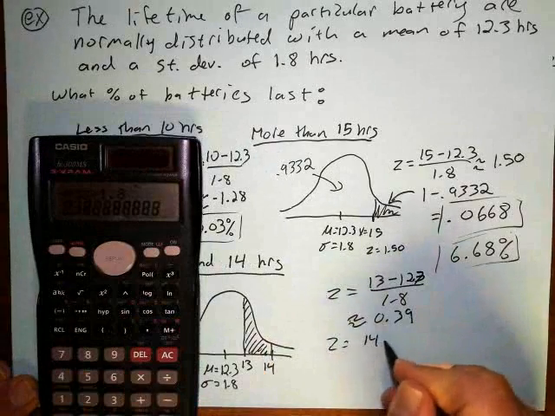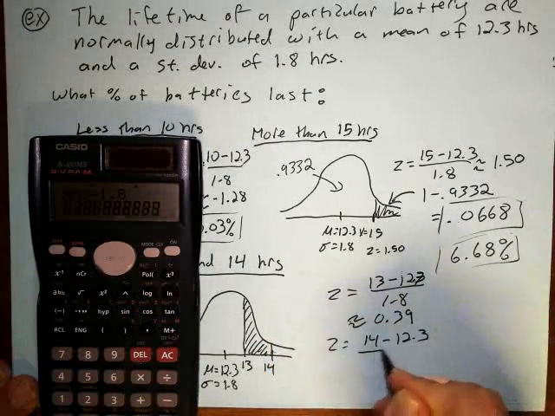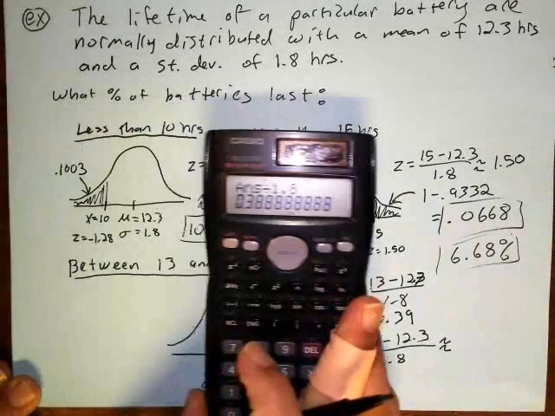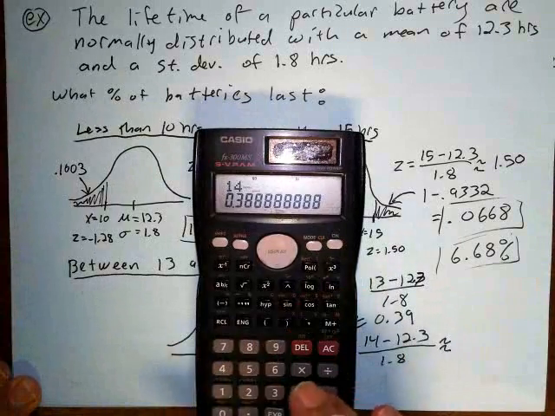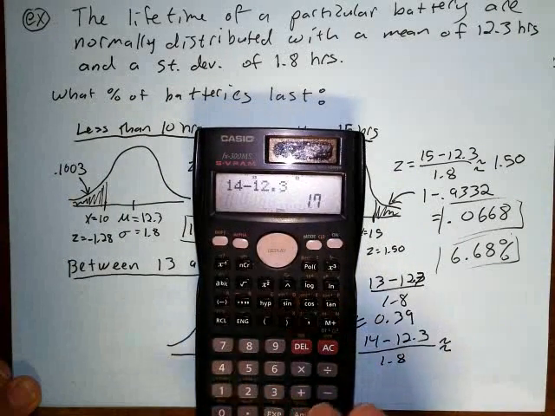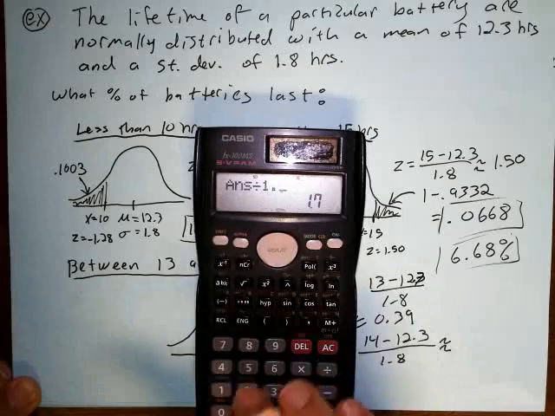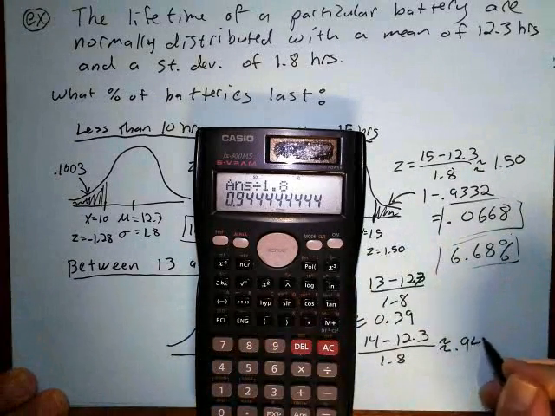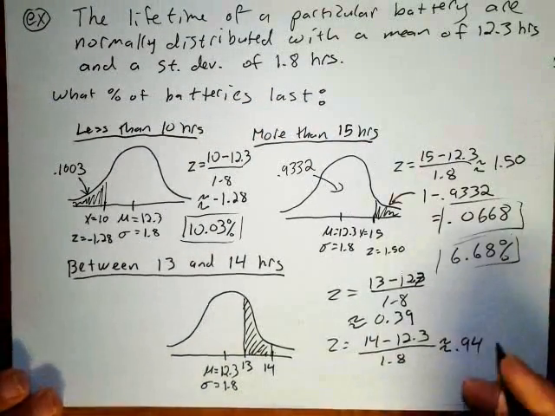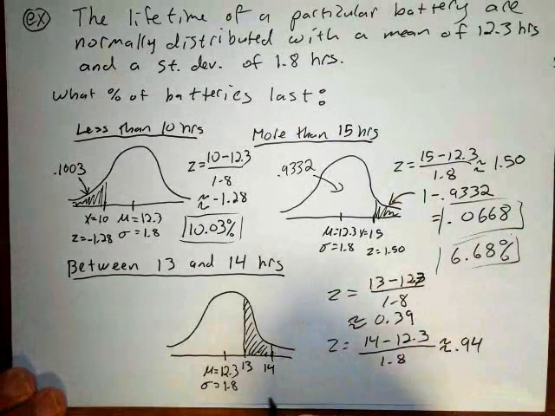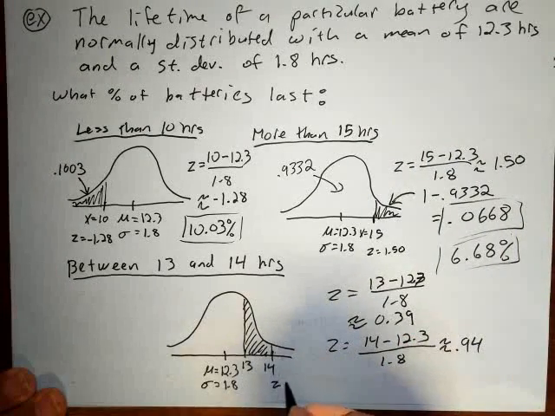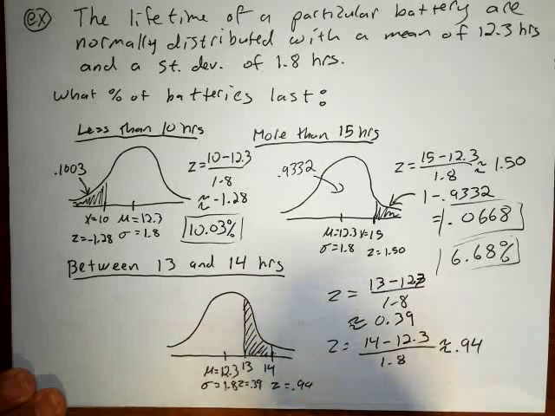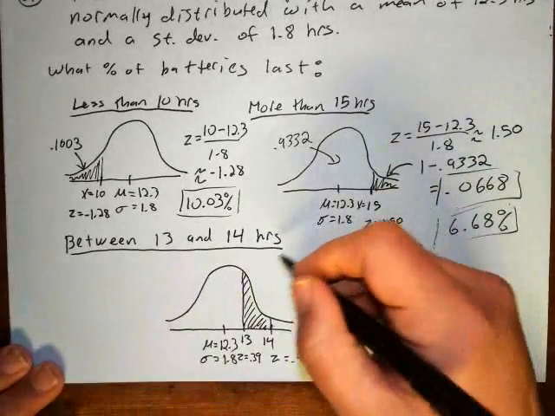And now 14 minus 12.3 divided by 1.8. And that is 0.94 when I round to 2 decimal places. So these are the two z-scores: 0.94 and 0.39.